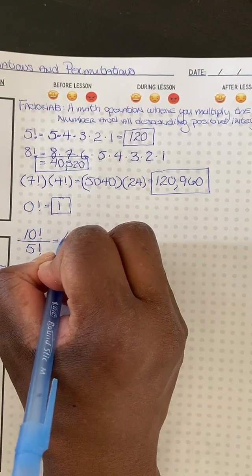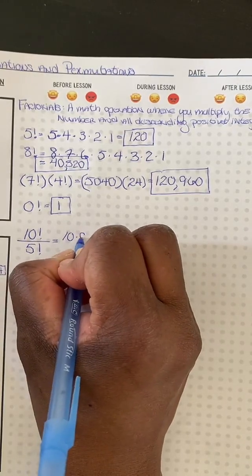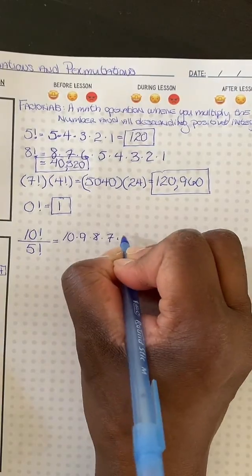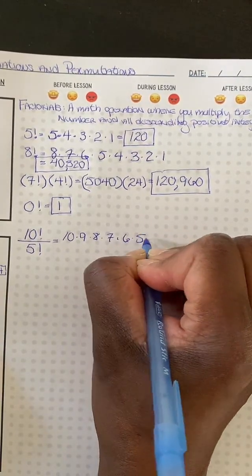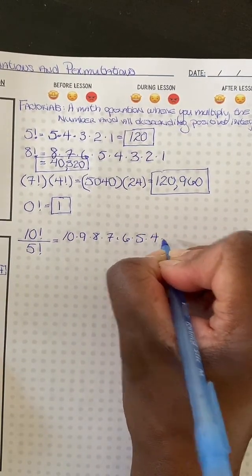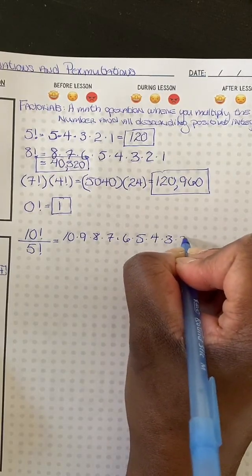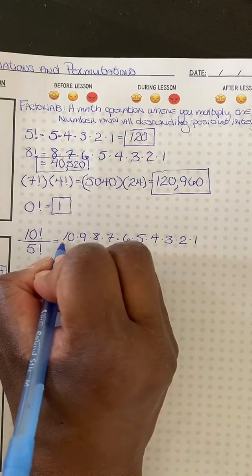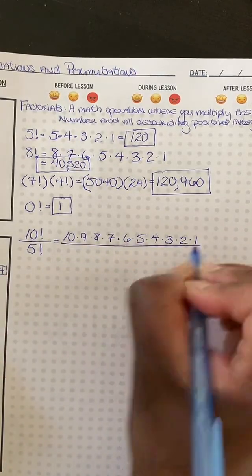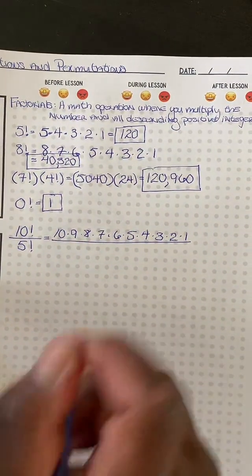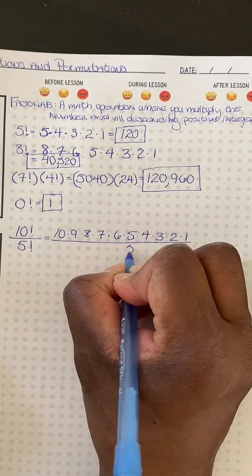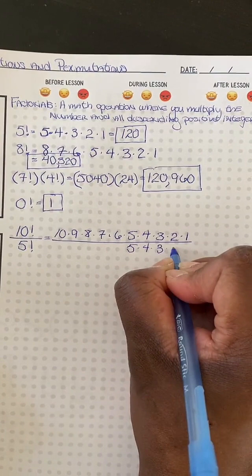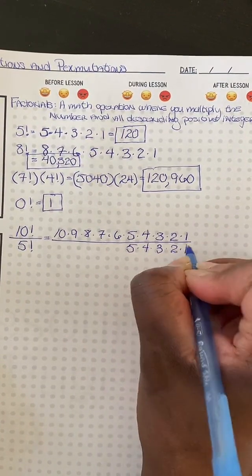So 10 factorial, that'll be 10 times 9 times 8 times 7 times 6 times 5 times 4 times 3 times 2 times 1. And the 5 factorial is 5, 4, 3, 2, 1.